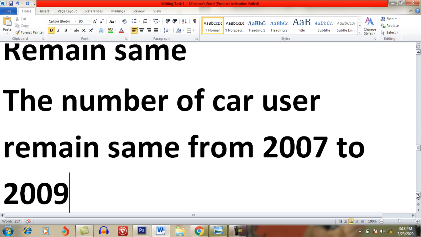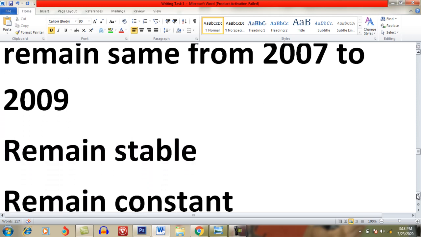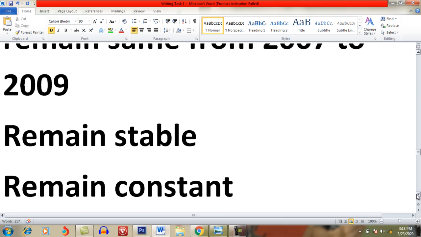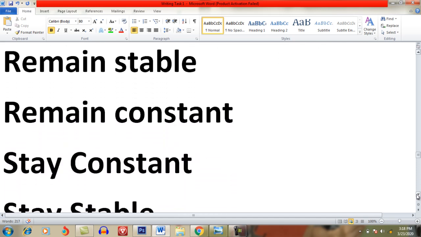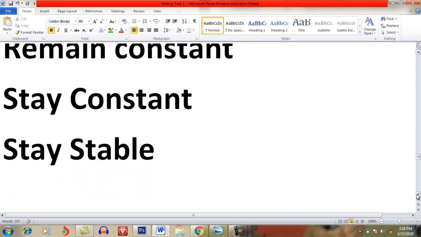You can also use it like this: the number remains stable, the figure remains constant, this figure stays constant or this figure stays stable. So these words you can use when the figure or number remains constant.